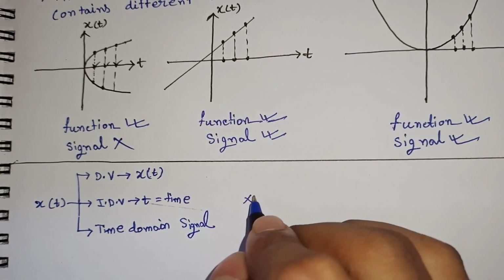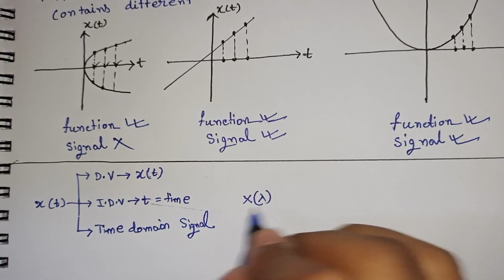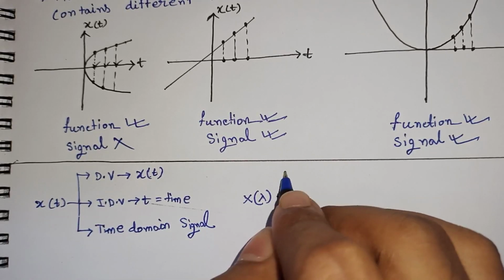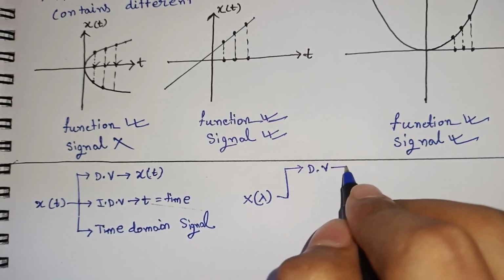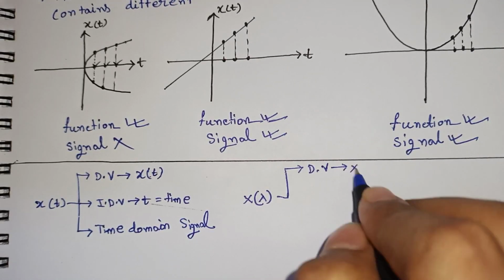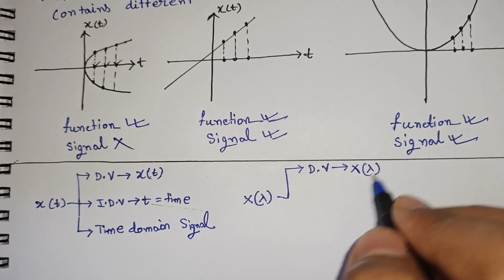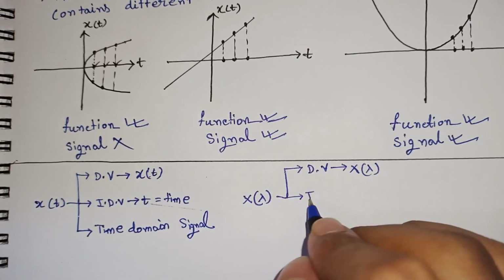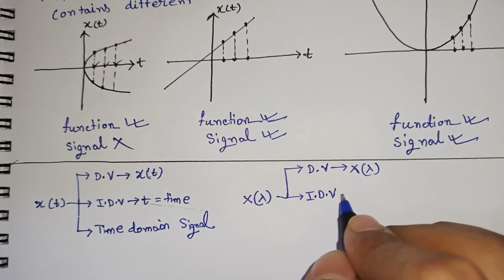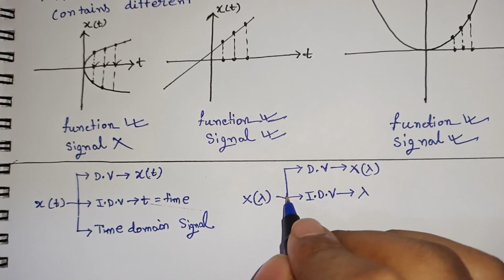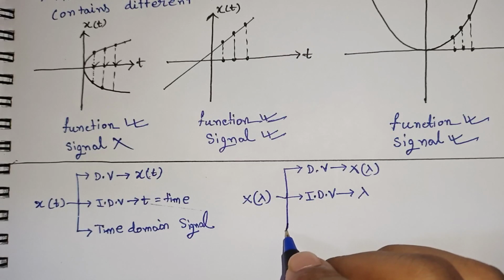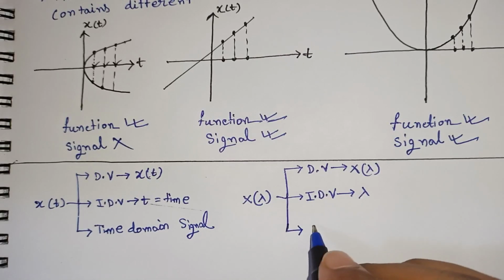If we have x(lambda), so can you tell me what is the dependent variable? It is x(lambda). Independent variable, tell me, it is lambda. And what type of signal is this?